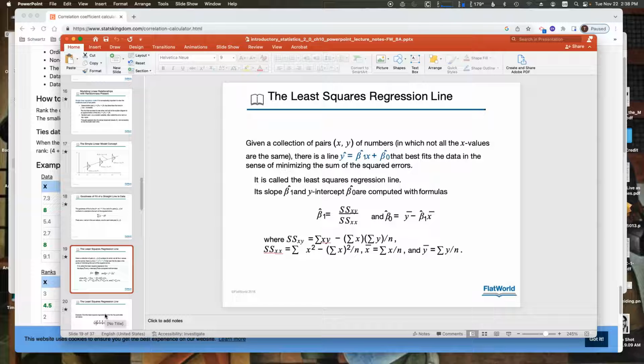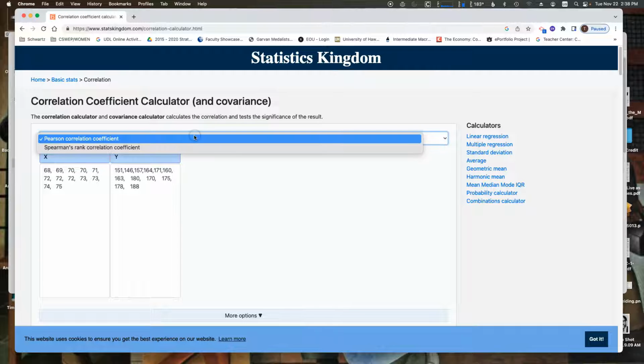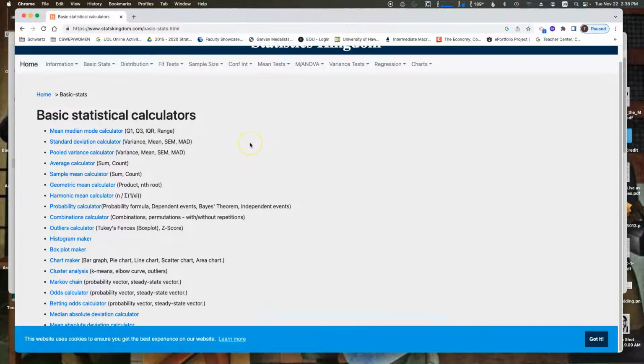What that means for us here is I can go back to our calculator here.